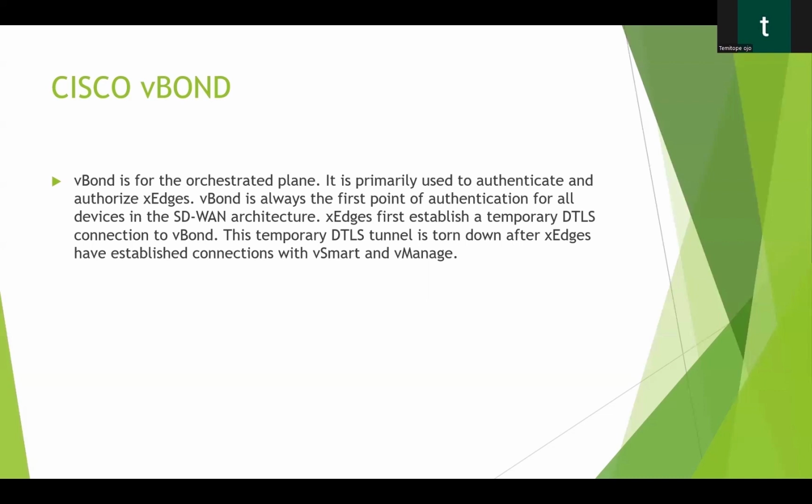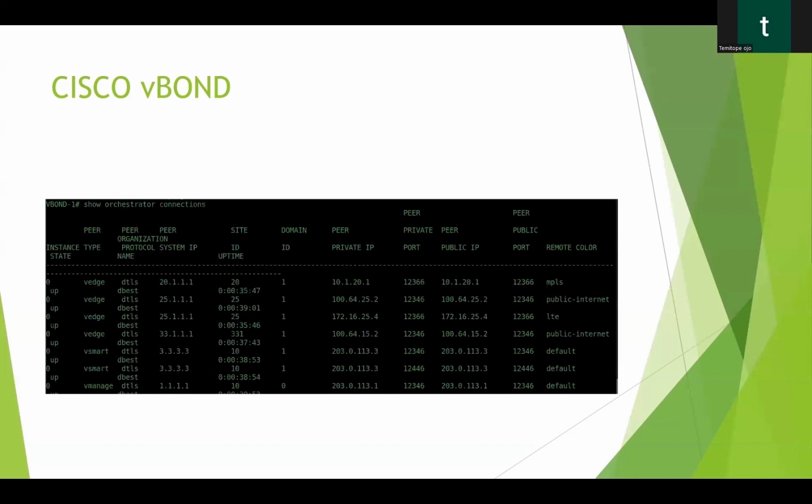Once they are whitelisted, the DTLS tunnel will be up. So edges first establish a temporary DTLS tunnel to vBond, for you to see what is going on with the establishment with other controllers or edges.